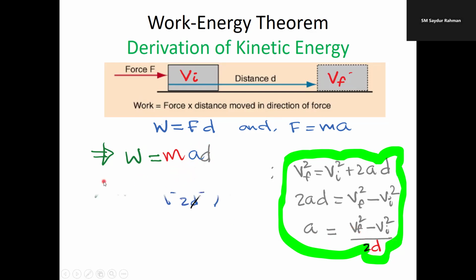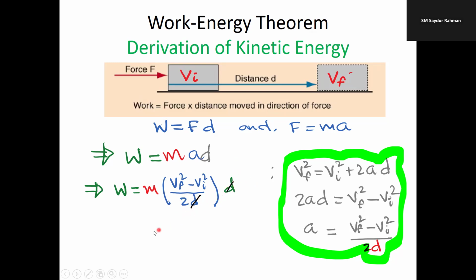So W equal to m times vf squared minus vi squared divided by 2d, and then multiplied by d. The d here and the d at the denominator cancel each other, because one is at the numerator and one is at the denominator.